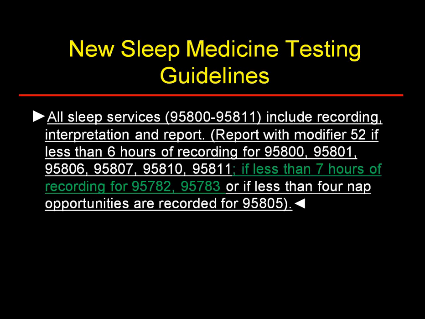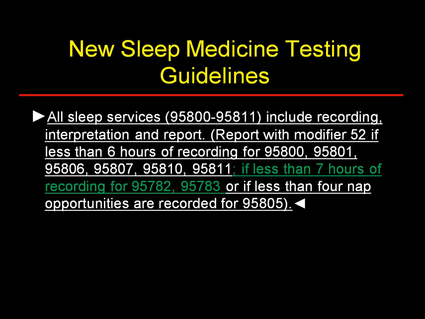Since children sleep more than adults, they have a longer mandatory sleep recording time. And this language specifies that for the pediatric population, one needs to have at least 7 hours of recording.